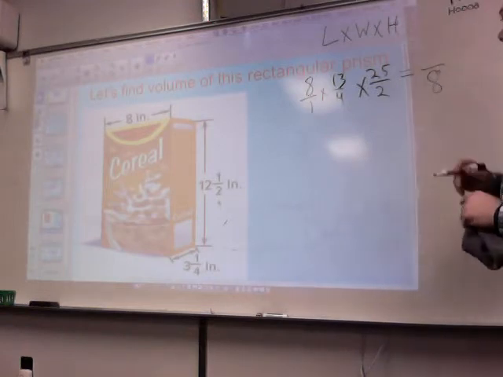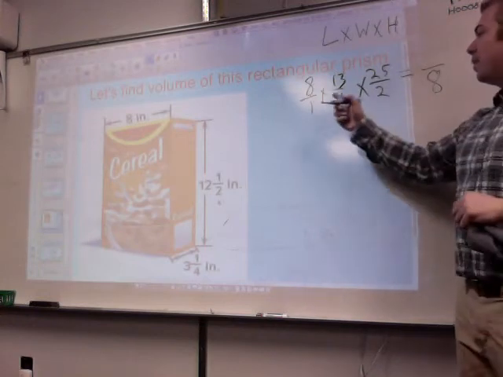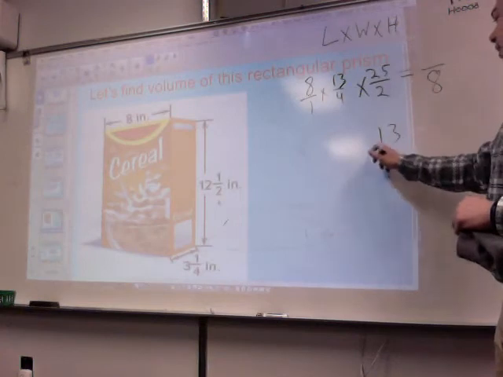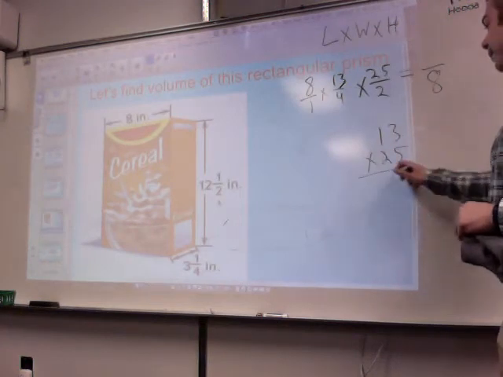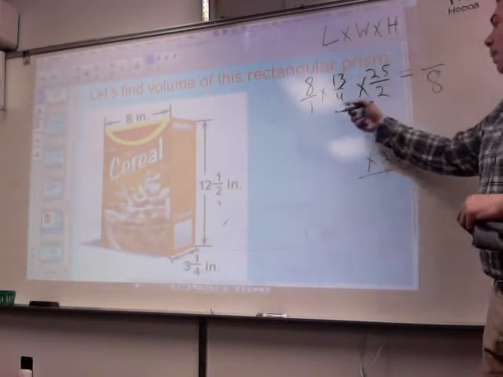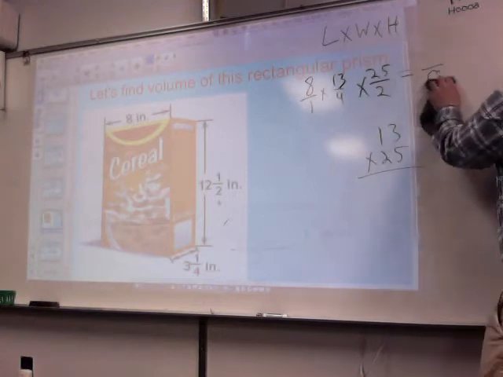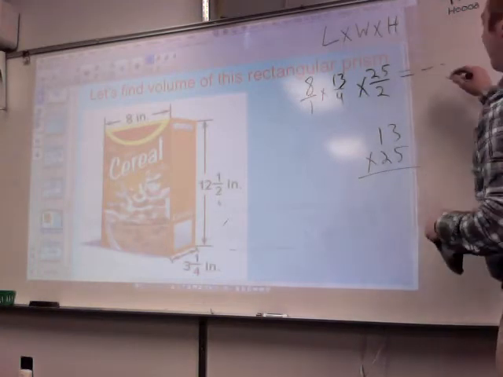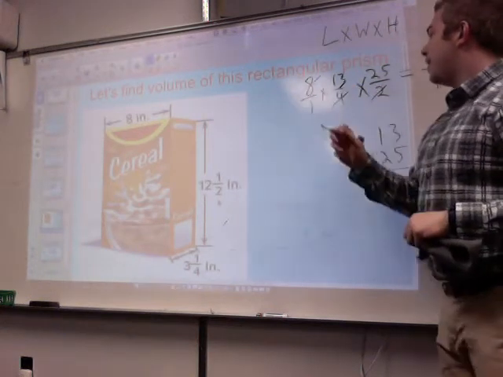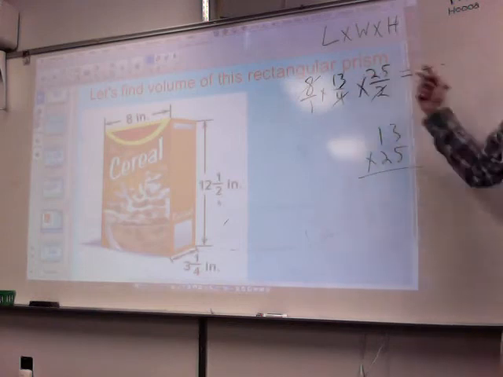So this 8 on the bottom will cancel out my 8 on the top. My denominator will cancel out my numerator. So what I'm really left with is just 13 times 25. Now I didn't have to do that. I could have just multiplied all my numerators, all my denominators, and then divided my numerator by 8. Okay? But since those cancel out, I'm going to have a 1 on the bottom because this 4 and this 2 cancel out that 8. So all I'm left with is 1 on the bottom and 13 times 25.